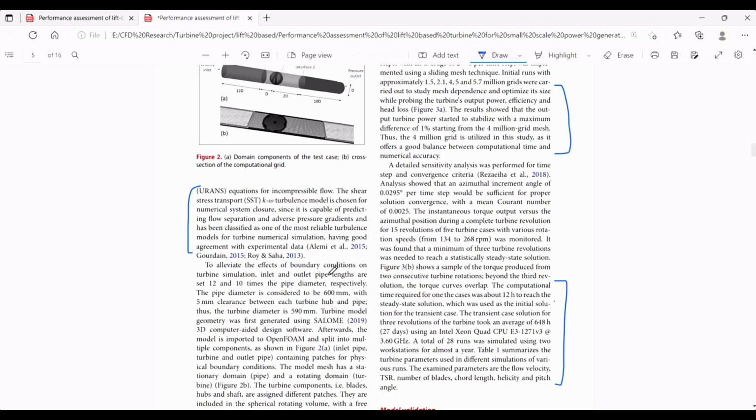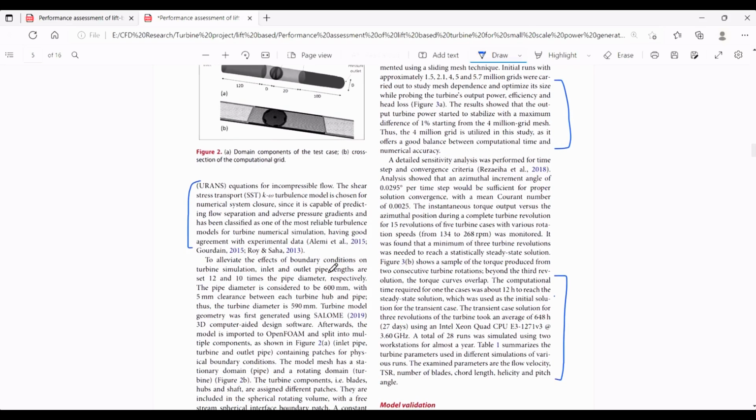The Courant number that he chose was 0.0025, and the simulations were performed, and the overall time for each case was about 12 hours to reach the steady state solution. The transient case solution for three revolutions of the turbine took an average of 648 hours, that is 27 days, using the computer specification mentioned here.